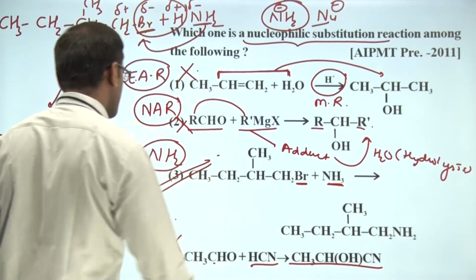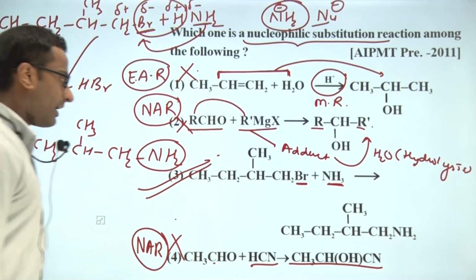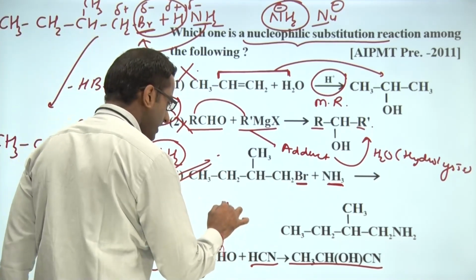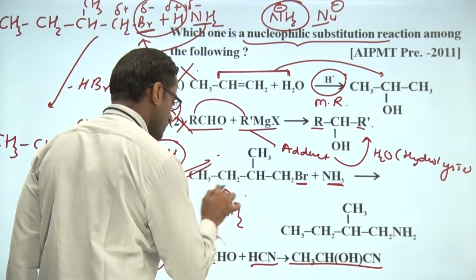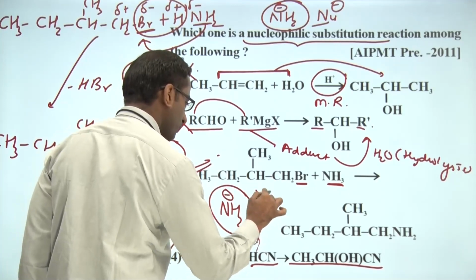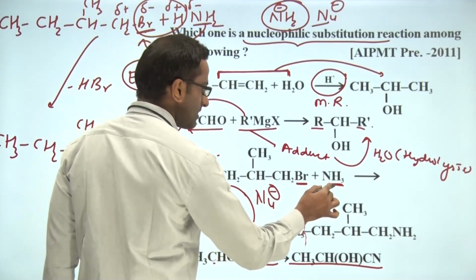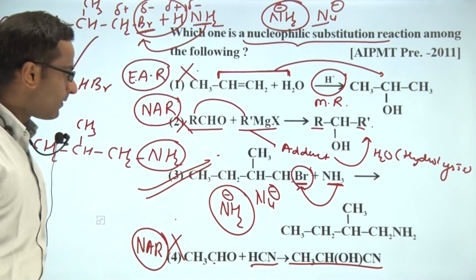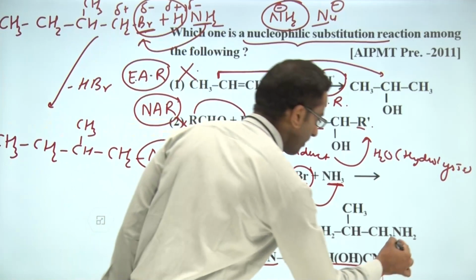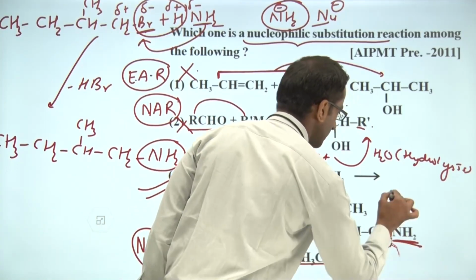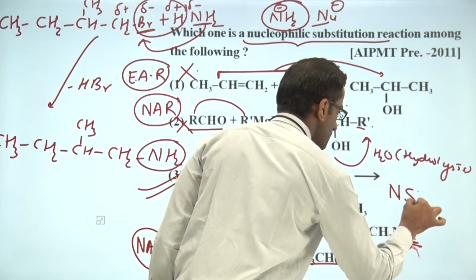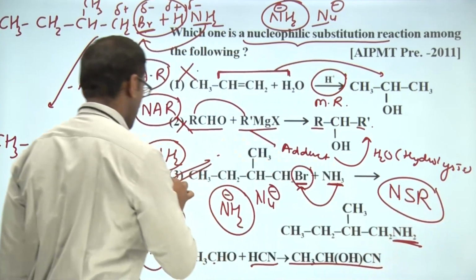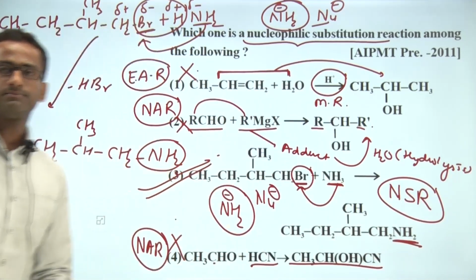The third option is going to be perfect here, in which NH2 minus is working as a nucleophile, and this is substituting the bromo group. So we are getting the product of substitution. This is a nucleophilic substitution reaction. That is your answer, option third. Thank you.